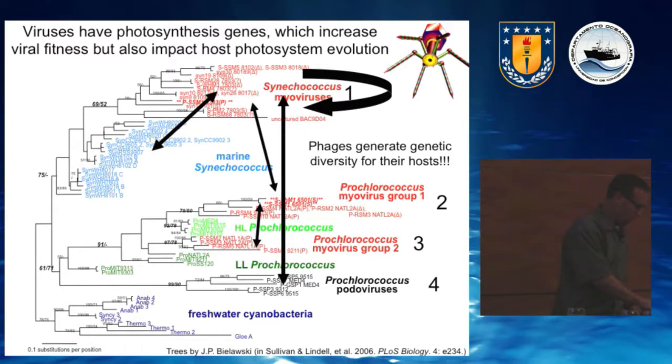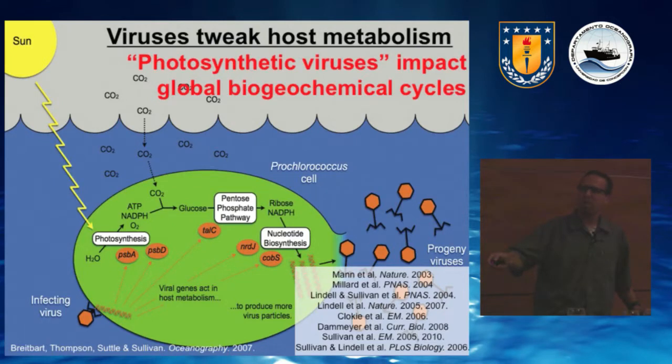And this matters when we step back to think about this host, because this is a cyanobacterial cell. All it really wants to do is float around in the ocean and fix carbon dioxide into sugars using light energy from the sun through a process called photosynthesis. But the virus has come in and injected its genome.